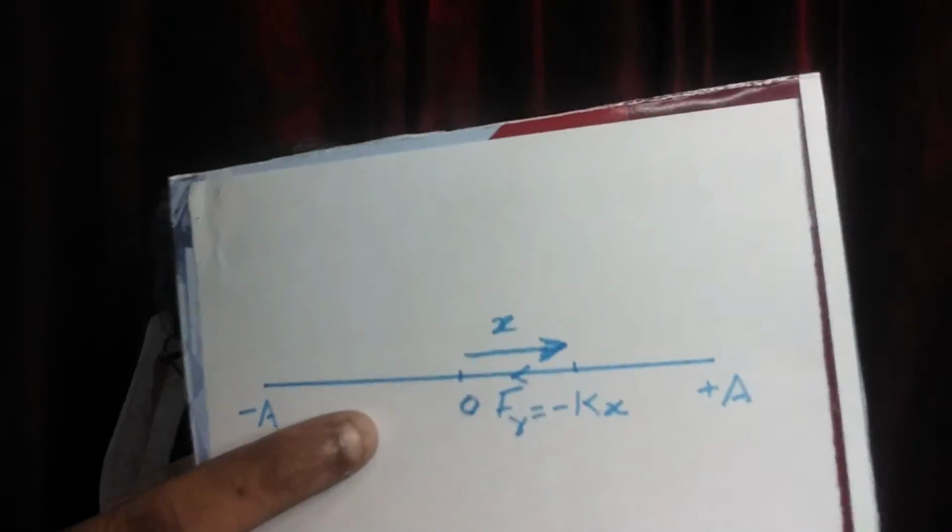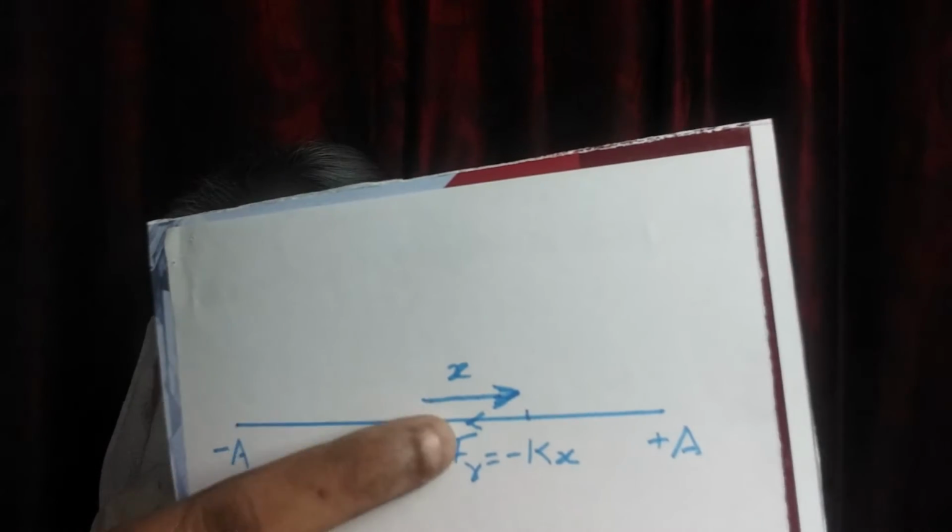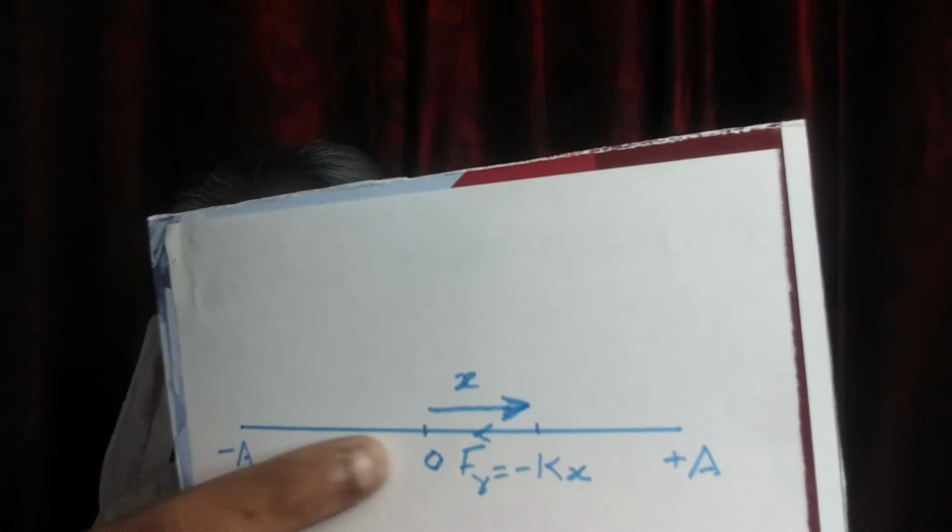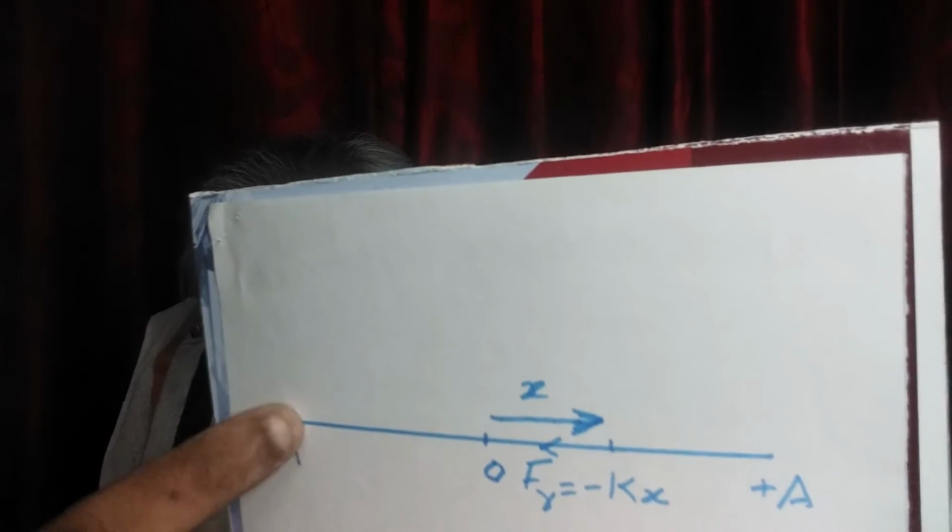This time it compresses the spring. Again, the spring is deformed. Restoring force develops, and it again pushes the load towards O. Because of the kinetic energy possessed by the load, it continues its motion, and finally at the left extreme, it gives in to the restoring force because the restoring force becomes maximum at this point, and it retraces its path.